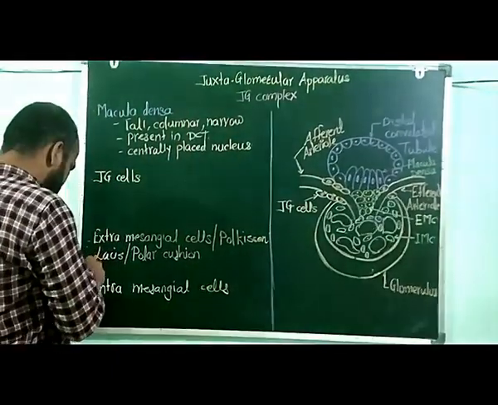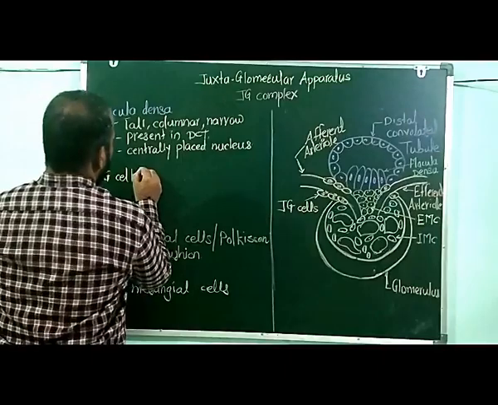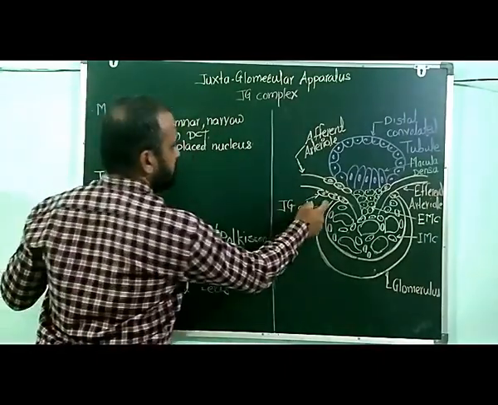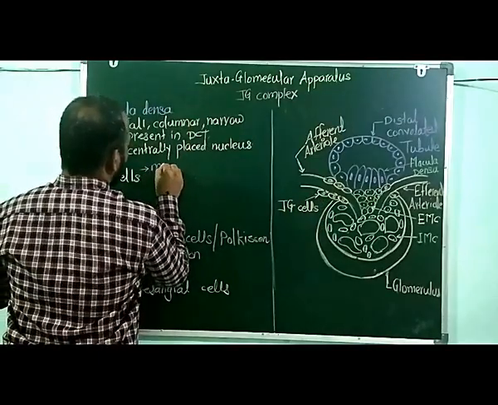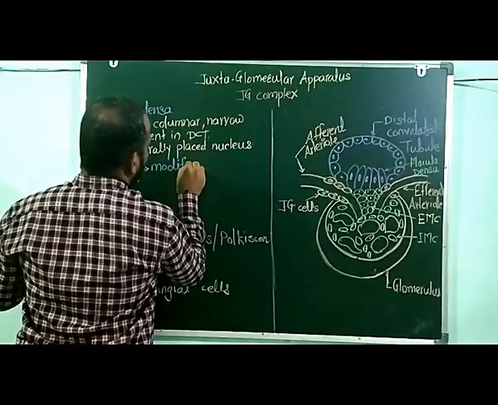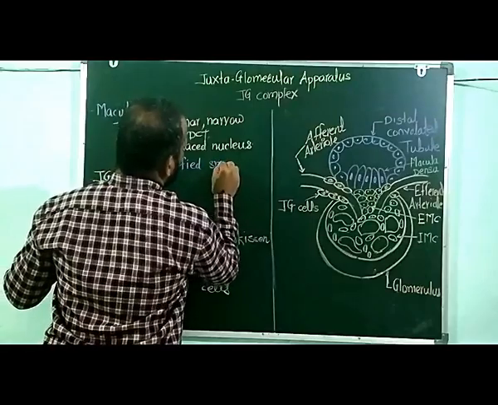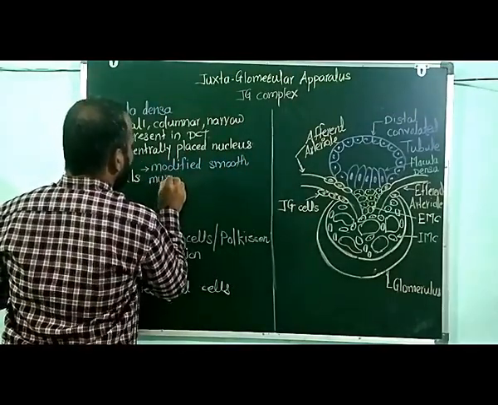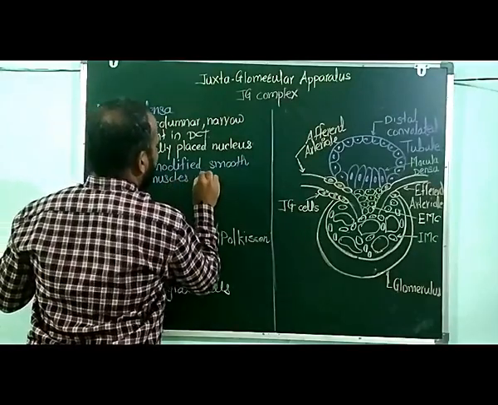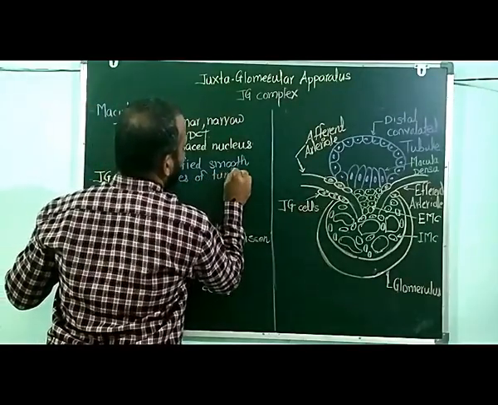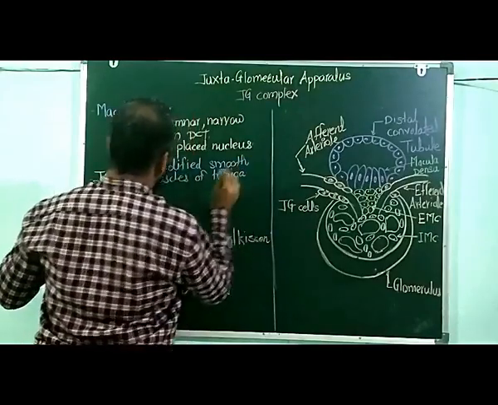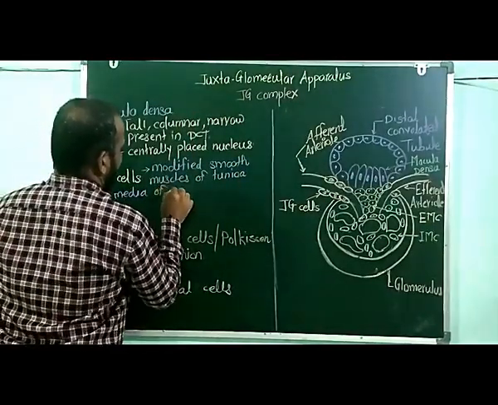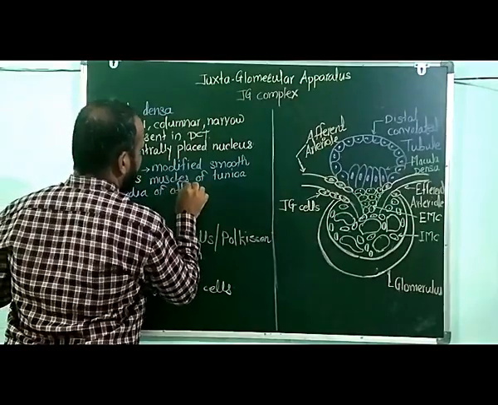Next cell type is the JG cells, which are also called the Juxta Glomerular cells. These JG cells are nothing but the modified smooth muscles of the tunica media of afferent arteriole.